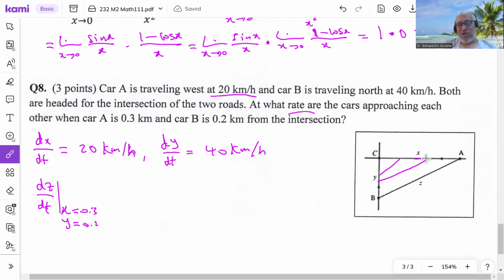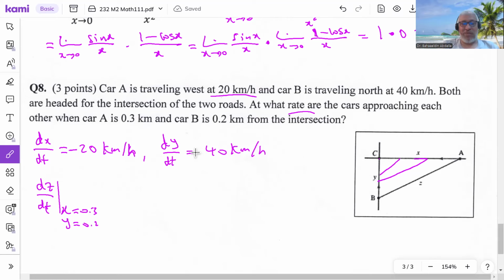Notice that x, which is the distance between car A and the intersection in this case, is decreasing. When car A is moving, the distance x is decreasing. So since it's decreasing, I have to write a negative sign here. Not because we are going left, no, because the distance x is decreasing as car A reaches the intersection C. Also, y is decreasing, although we are going up, but y here, which is the distance between B and the intersection C, is decreasing.